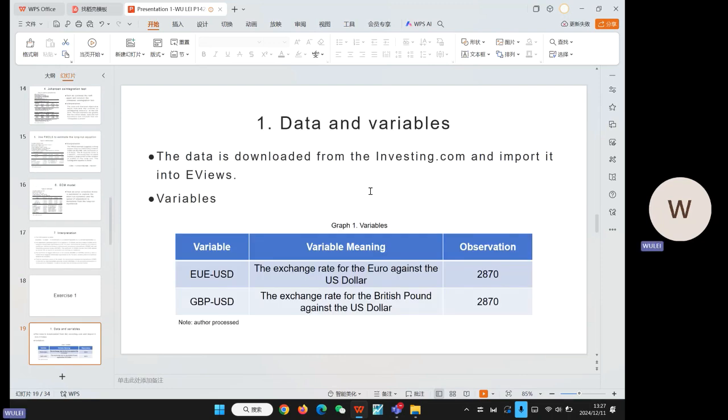Like before, there is the data and the variables picture. First, we downloaded the data and put it into EViews. There are two variables: EUR/USD, which is the exchange rate for the euro against the US dollar, and the second is GBP/USD, the exchange rate for the British pound against the US dollar.